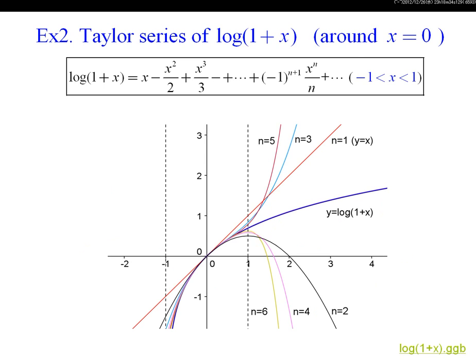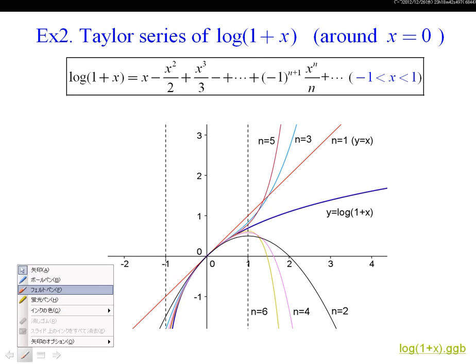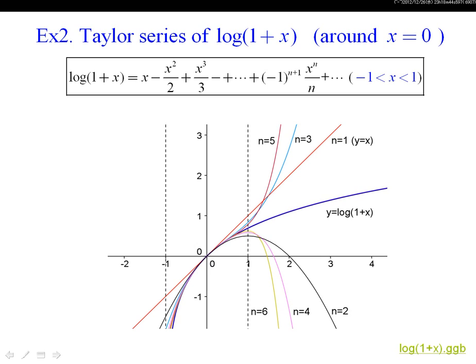The next example: Taylor series of y equals log(1 plus x) around x equals 0. There is a big difference here, because log(1 plus x) is expressed by this series. But this series converges only from minus 1 to 1.